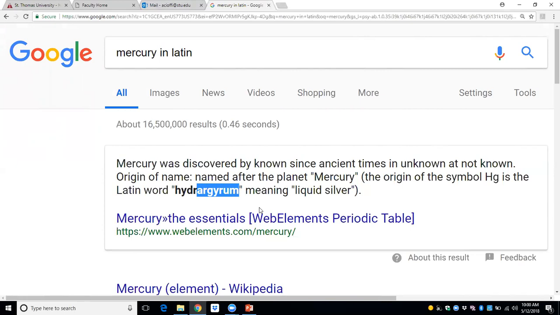So argentum is a reference to silver, and hydro is a reference to water or liquid. So liquid silver, hydrargyrum, is the original name for mercury, and that's why the letters Hg. Anyway, little aside.